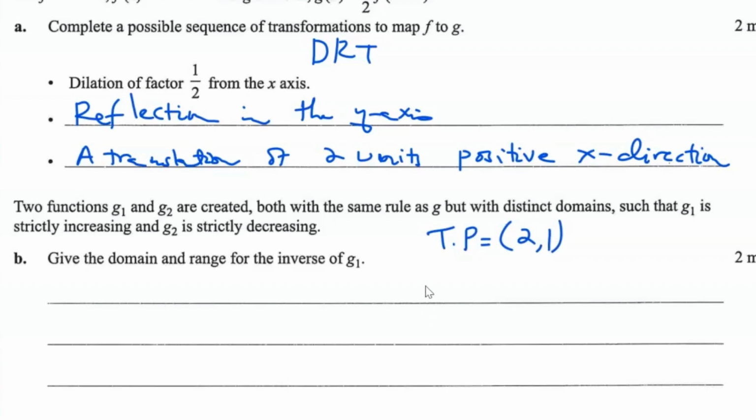So for the inverse, the x becomes the y and the y becomes x. Domain of the inverse of g of x will be 1 to positive infinity, and range will be 2 to positive infinity.